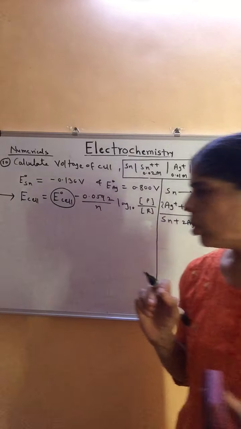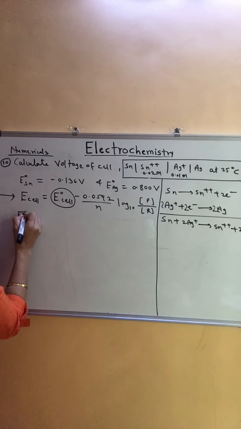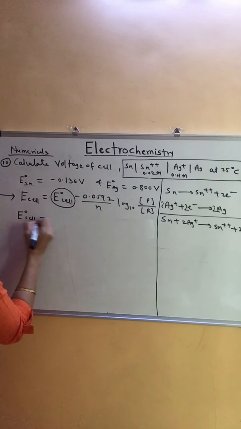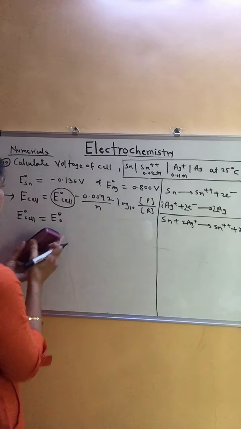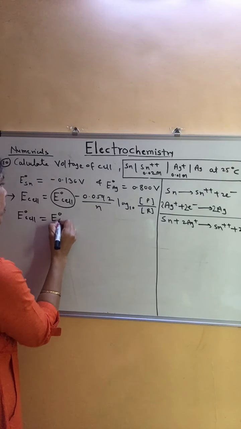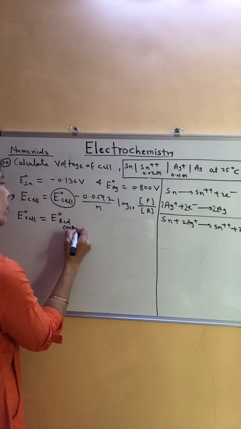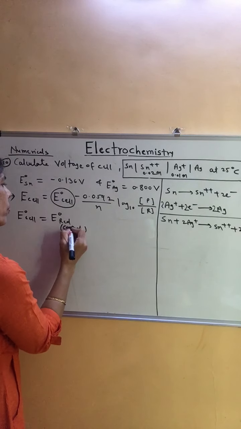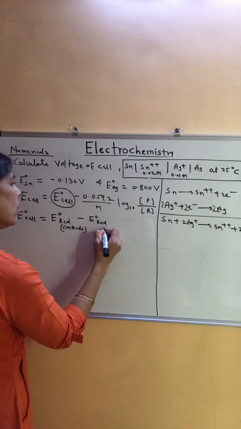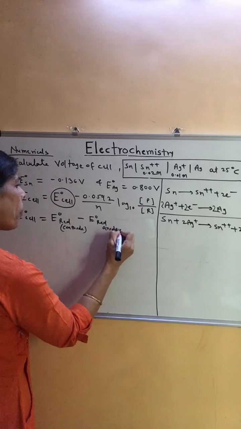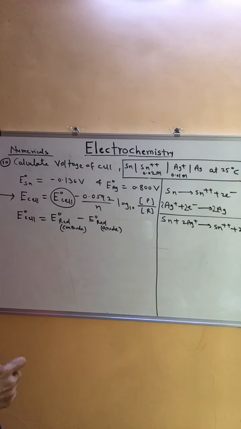If you recollect the formula for getting E naught cell, E naught of the complete cell will be equal to E naught reduction at the cathode minus E naught reduction at the anode.